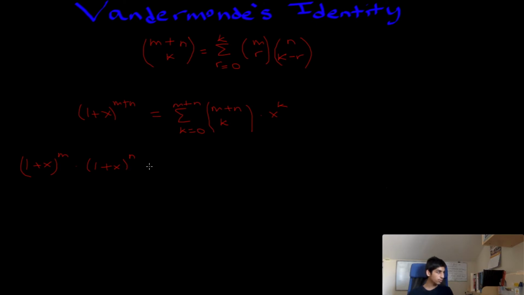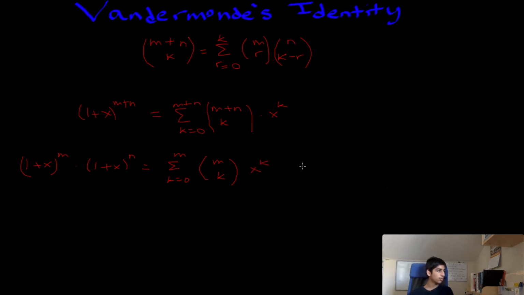Alright, so now what we're going to do is use what we found over here to simplify this. So instead of m plus n, we'd have m, and then same for here we would have n. So this first part would be the summation from k equals 0 to m of m choose k times x to the k.